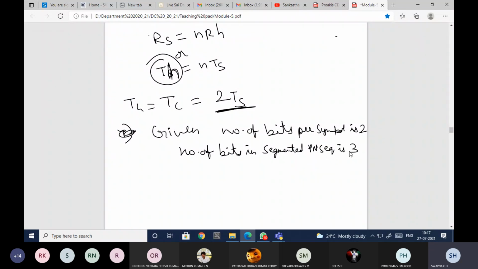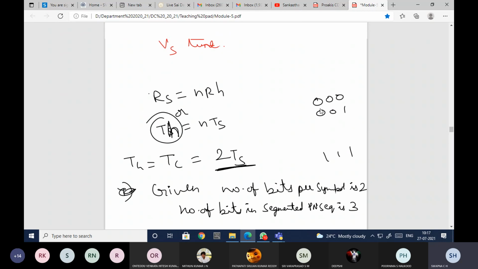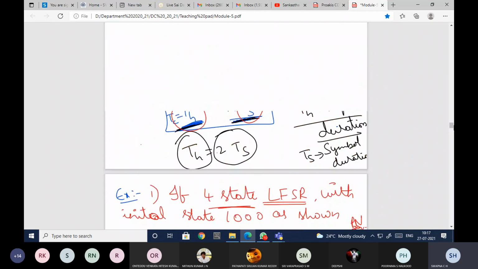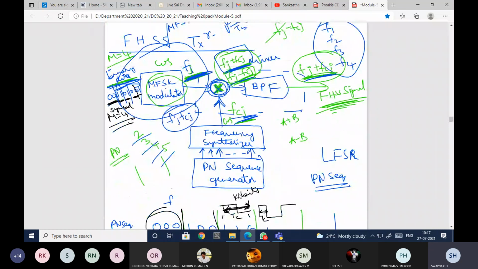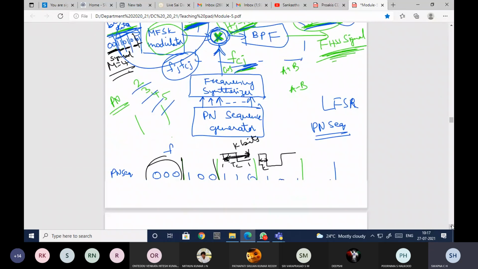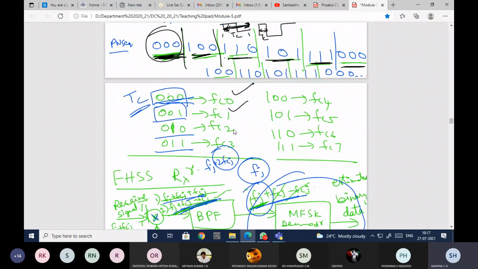Since I have 3 bits segmented, I may have any combination from 0, 0, 0 or 0, 0, 1 until 1, 1, 1. So how many frequencies do I need here? Take the transmitter. The PN sequence is segmented to 3 bits, so I should have 8 frequency components to spread the spectrum. So I need 8 of them like this.